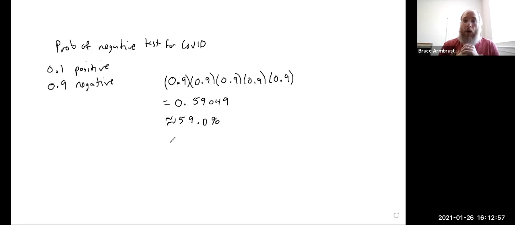All right, so it's only about a 59% chance that this thing turns out to be negative. There's a 41% chance that there's going to be a positive result. So I would say that this method is probably not a good one for these probabilities.